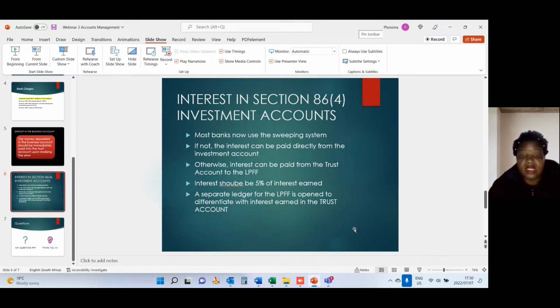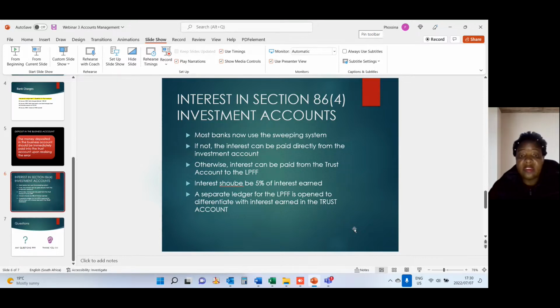If your Section 86 account has not been put on the sweeping system by the bank, then you can just pay that interest directly from the trust account, and directly from the investment account.